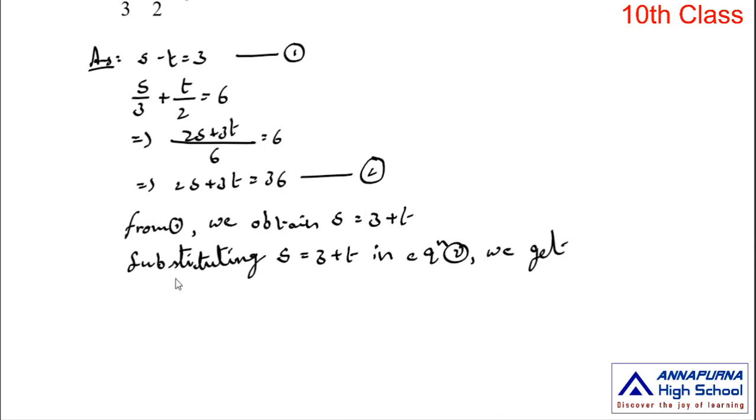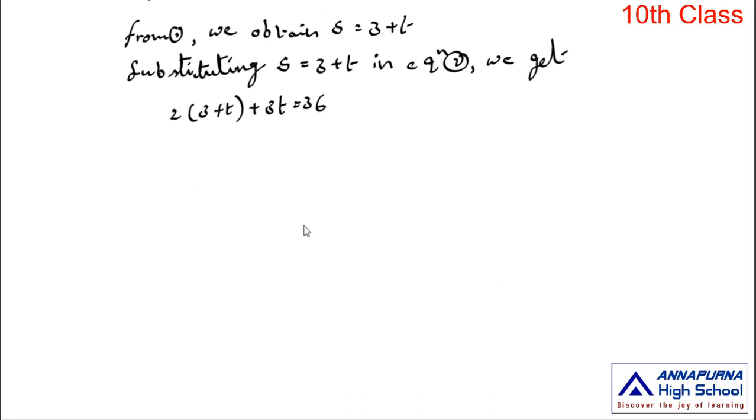Here the second equation is 2s plus 3t is equal to 36. So instead of s, we take 3 plus t. So 2s means 2 into s, which is 2 into 3 plus t, plus 3t is equal to 36.